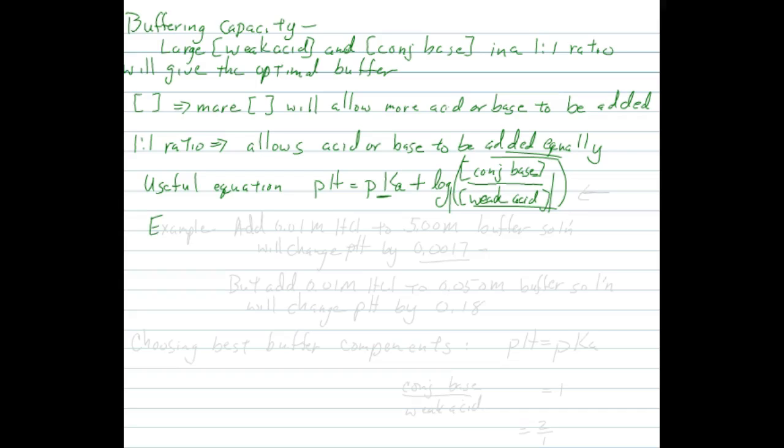An example without all the math: if you add 0.01 molar strong acid HCl to 5 molar buffered solution of any sort, it will change the pH by only 0.0017.